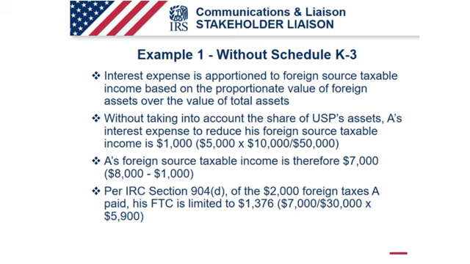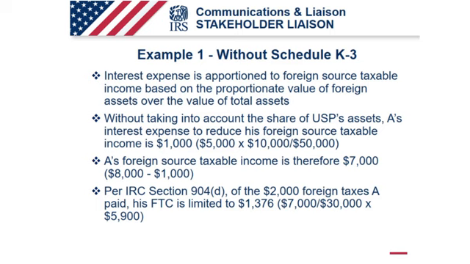Now, Section 904, the principle behind the foreign tax credit, is that it's meant to alleviate double taxation on your foreign source income. So Section 904 limits the amount of foreign tax credit you can take to the portion of your total tax liability that is attributable to foreign source income.